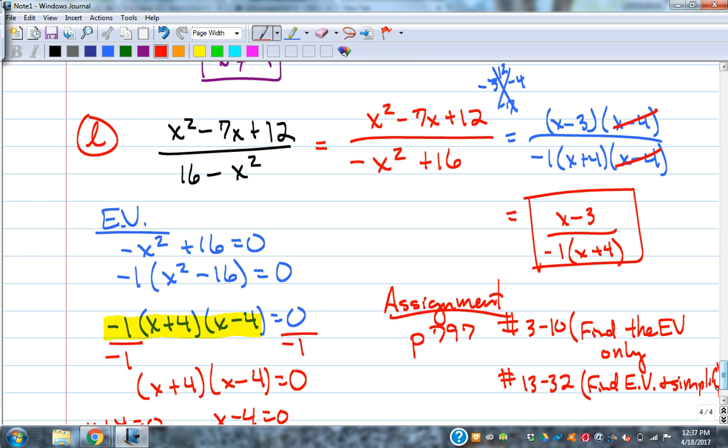So 13 through 32, you're doing the whole thing. On 3 through 10, you're only finding the excluded value. You don't have to simplify. Just find the excluded values on 3 through 10. Okay? And that'll be your job for today.